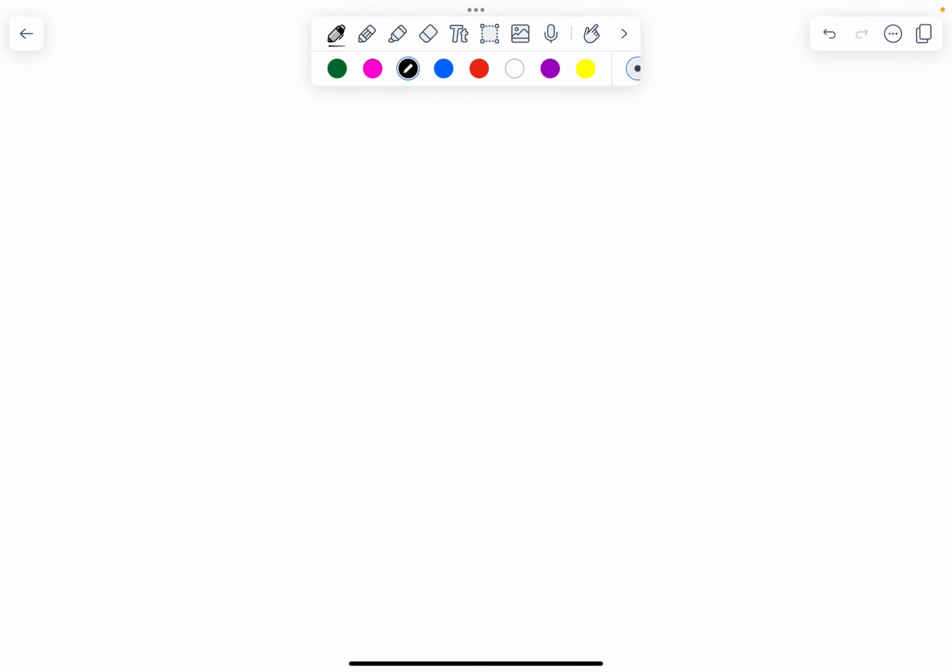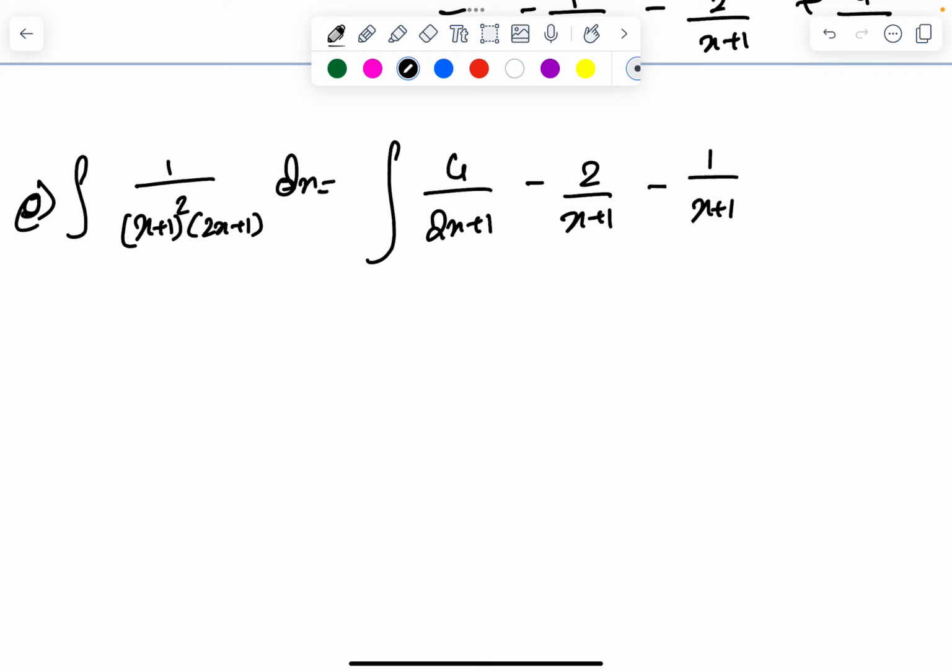So the integral, part E: the integral of 1 upon x plus 1 whole square times 2x plus 1 dx is going to be the integral of 4 upon 2x plus 1 minus 2 upon x plus 1 minus 1 upon x plus 1 whole square.